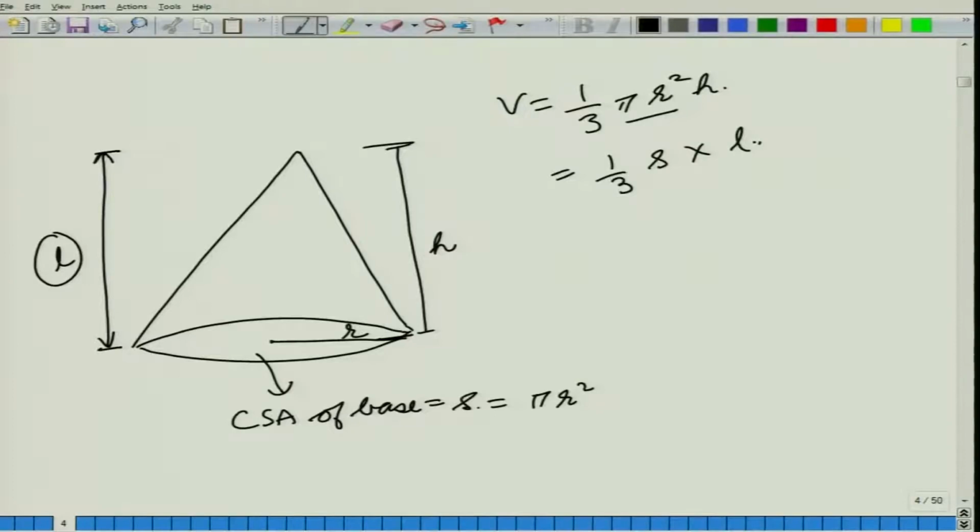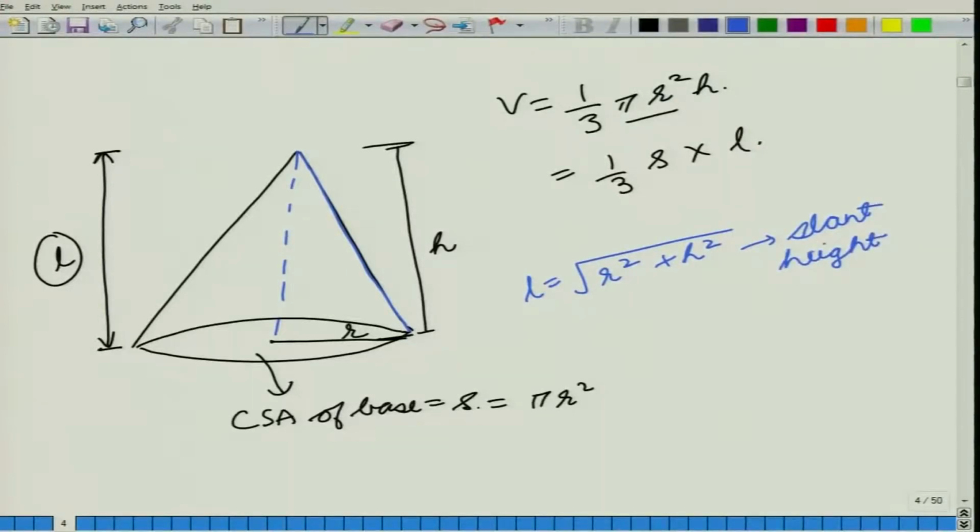Now, in this case L is not the slant height. Earlier we had defined the slant height as this length. We had defined L is equal to square root of r square plus h square, which is the slant height.